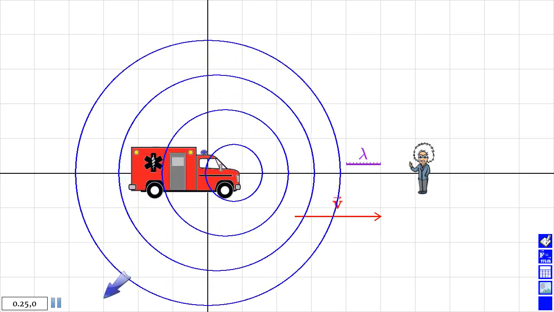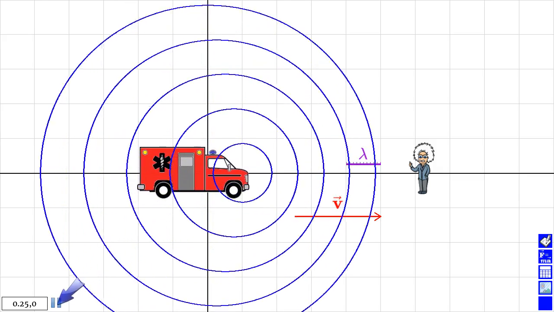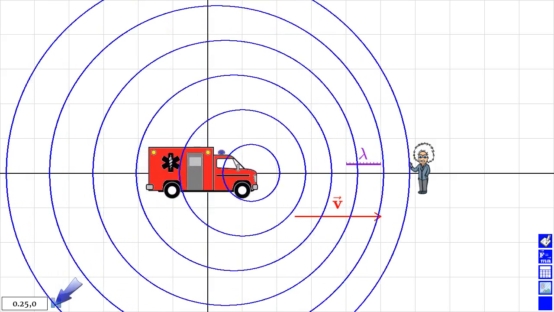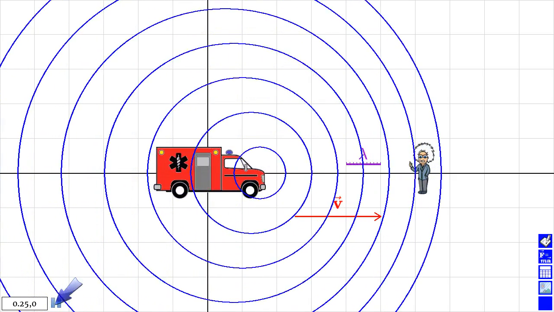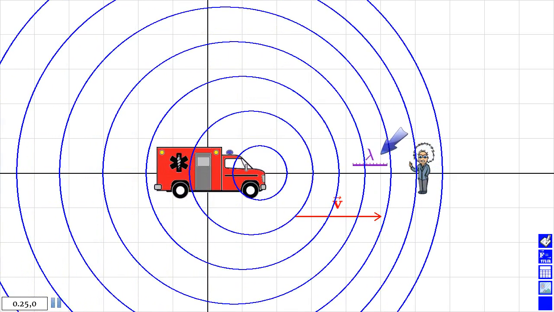the ambulance. Now what this means for our observer is when the waves arrive at his location, they're no longer the same wavelength apart that they were when the ambulance was stationary. Because the ambulance is moving at 1/4 of the speed of the waves, each of these wave fronts is shifted 1/4 of a wavelength to the right.